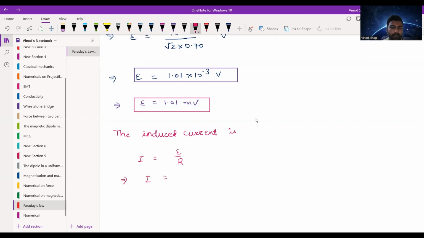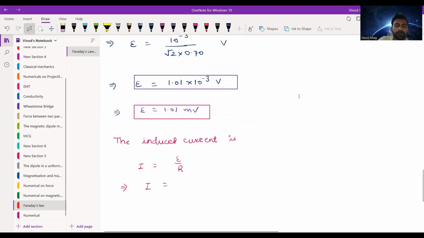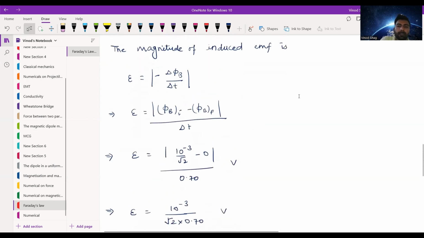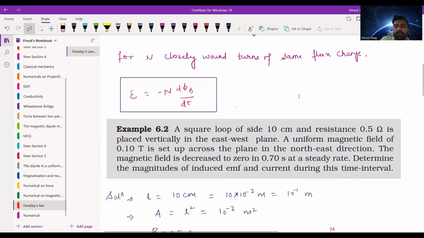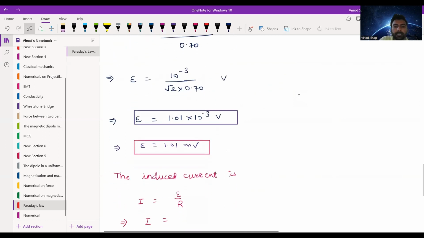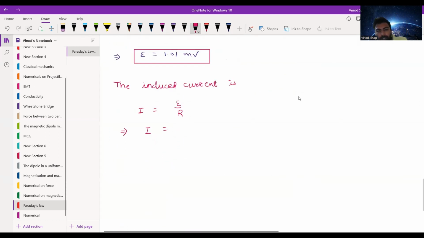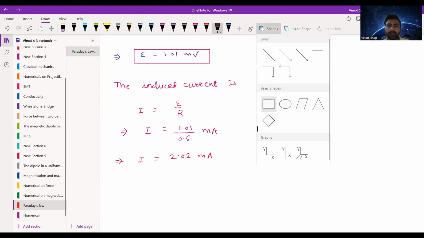What is the value of EMF here? 1.01 millivolt, and the resistance is 0.5 ohm. So it will be basically 1.01 divided by 0.5 milliampere. So current will be 2.02 ampere. So this will be the equation of current here.